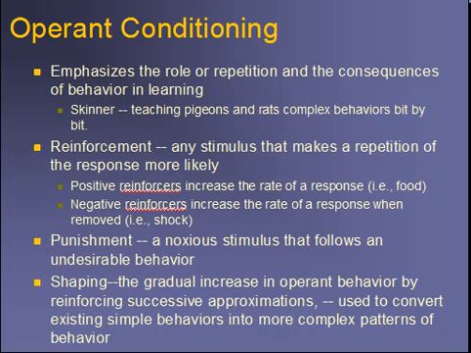And then after a while, I don't reinforce you for just that. You need to show me that you can multiply two simple numbers, and then I'll give you a reinforcement. And then I don't reinforce that, I wait until you get to the next step of the learning process. So you get this increase in operant behavior, more complex strings of behavior, by starting with the smallest piece of it and giving reinforcements along the way.